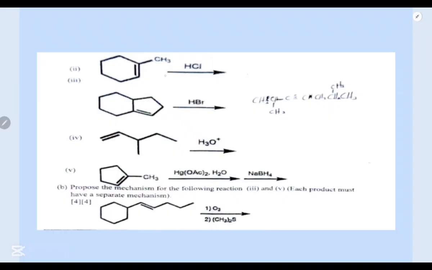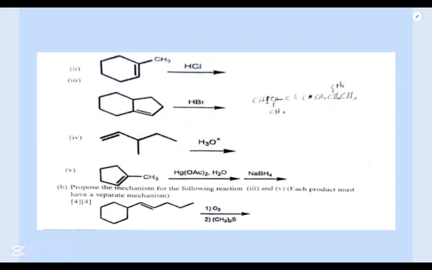So this will undergo the process known as hydrohalogenation, where the hydrogen and the halogen will be added to the alkene.